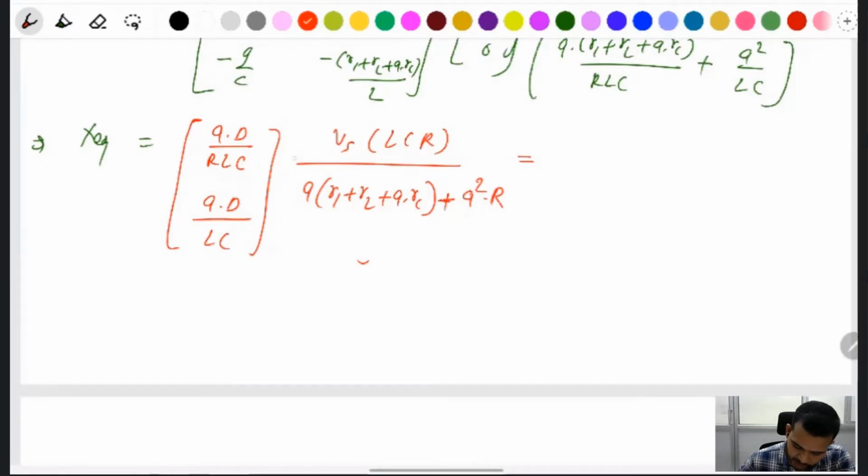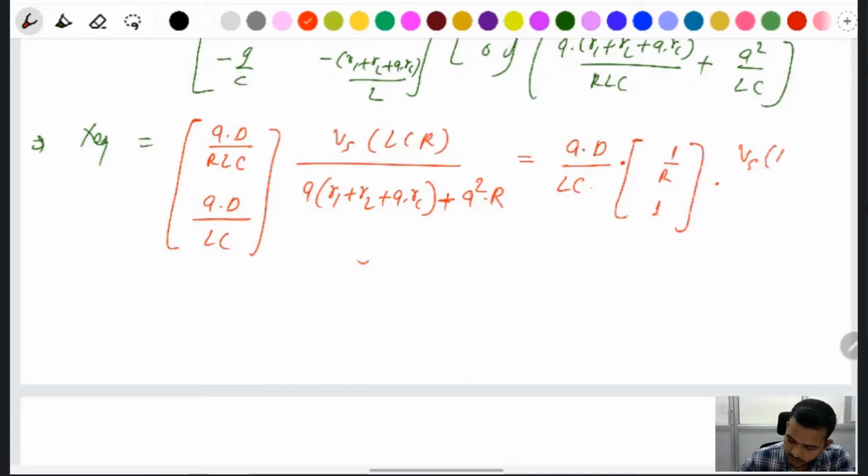Take a common here and take a common here from this: A and D, and LC also I will take common. A D in both matrix and element, and LC also, and find 1 by R here.